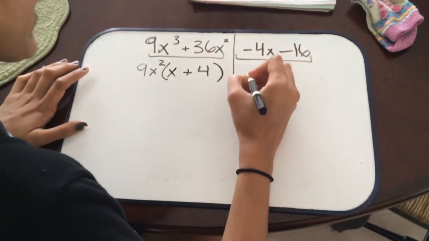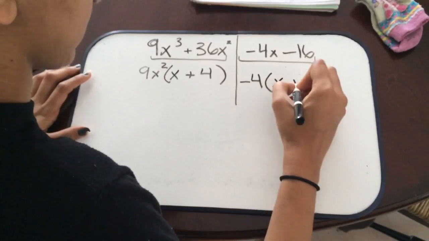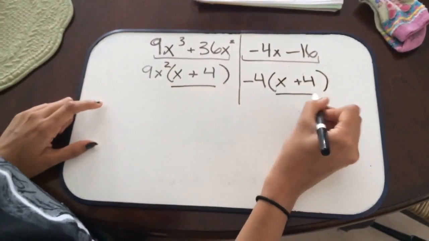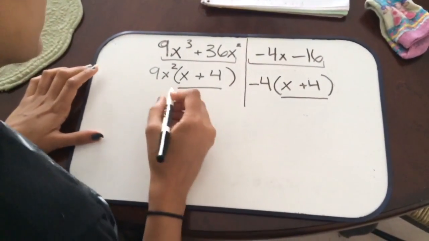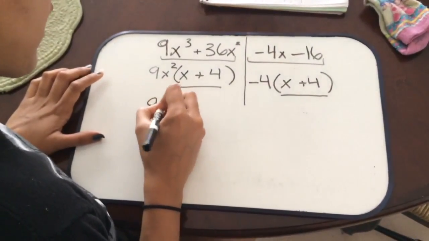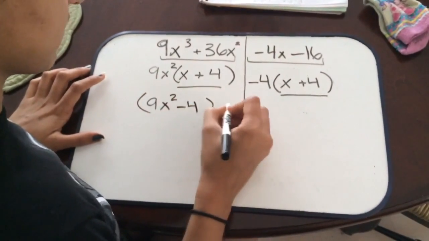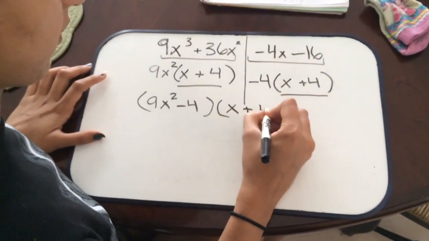And on this side, you can factor out a -4, leaving you with an x plus 4. The goal here is to get these two things in parentheses to be the same. That is one factor. Then your other factor is 9x squared minus 4, making your two factors 9x squared minus 4 and x plus 4.